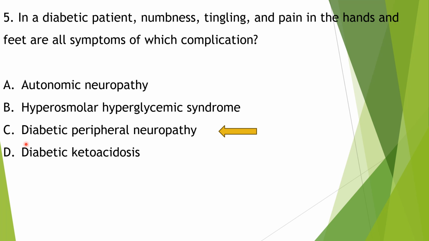The patient is also at risk of hypovolemia secondary to the osmotic diuresis. Hyperosmolar hyperglycemic syndrome is characterized by hyperglycemia, hyperosmolarity and dehydration without significant ketoacidosis.